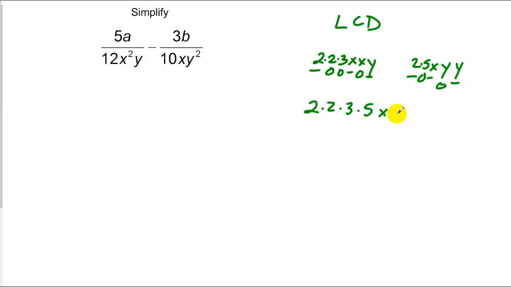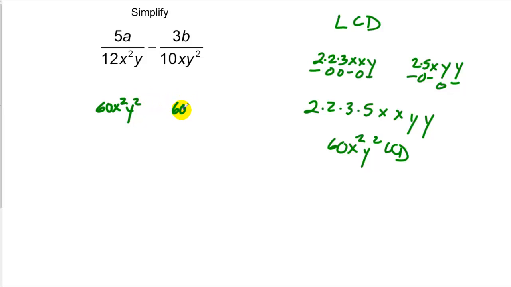I need another x. The y is in common, but I need another y. So my LCD in this case is 60x squared y squared. So underneath, I'll write 60x squared y squared under both.